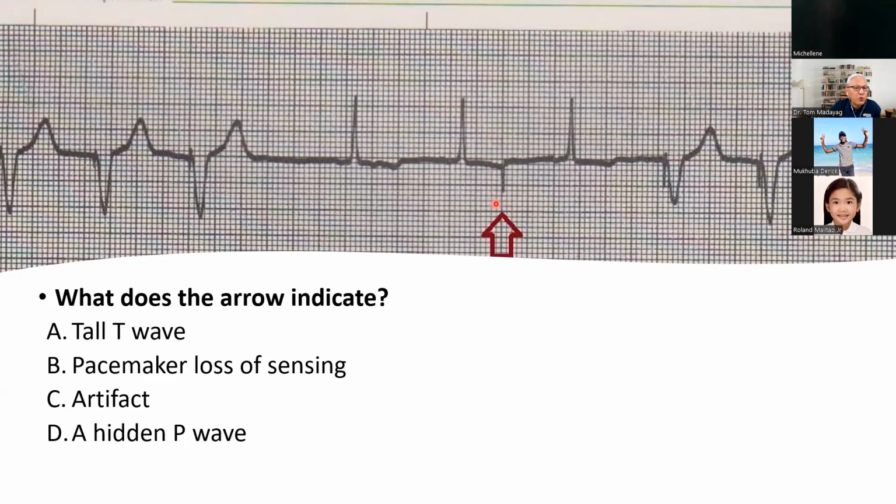And that is the reason why it didn't fire. So the correct answer to this is that this is a failure of the pacemaker, and the failure of the pacemaker is loss of sensing, the inability to sense this inherent beat.